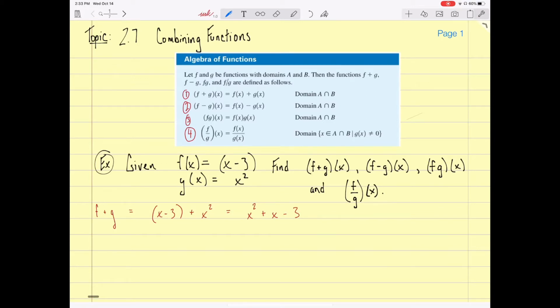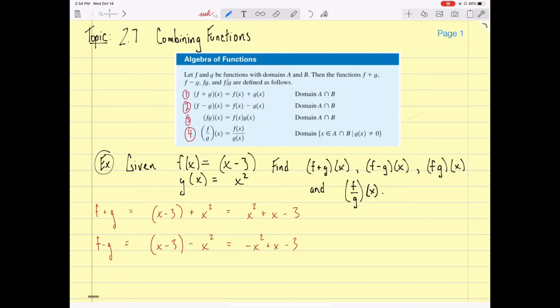And that's it. So f minus g is just x minus 3 minus x squared. So if I rearrange those, that's what I get. So with that one, it's just x minus 3 minus x squared equals negative x squared plus x minus 3.